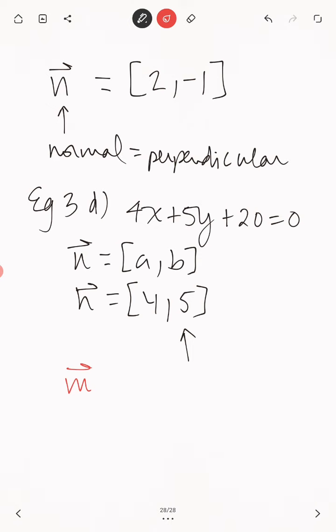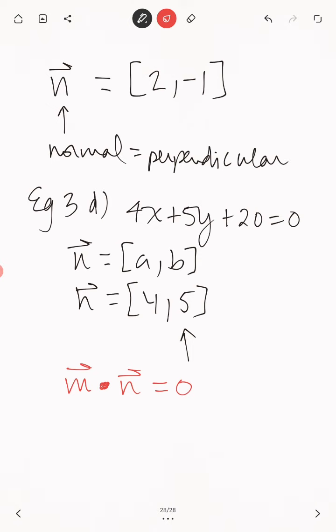So I need a vector that I'm going to dot with vector n, and the result will be 0. If that's the case, then we'll know that I have a vector that's perpendicular to n, which would then be a direction vector for the line.